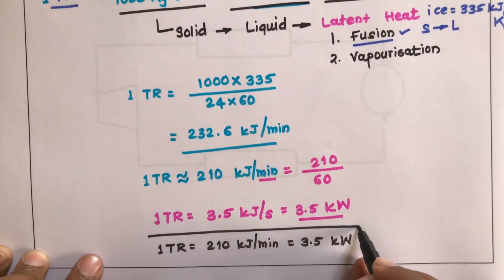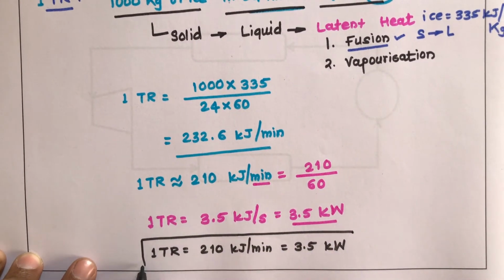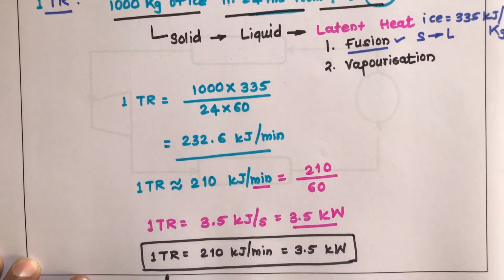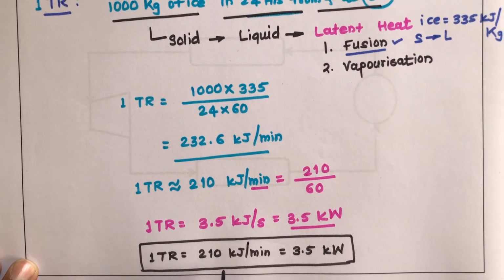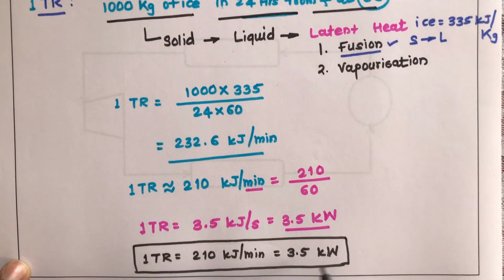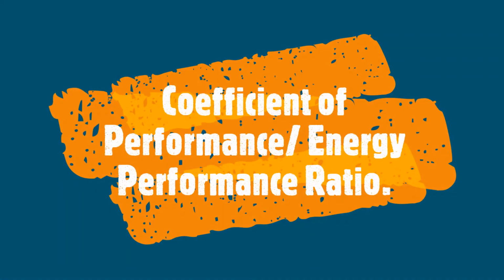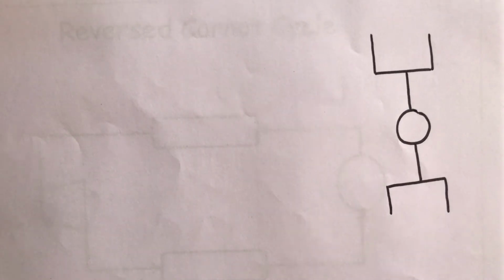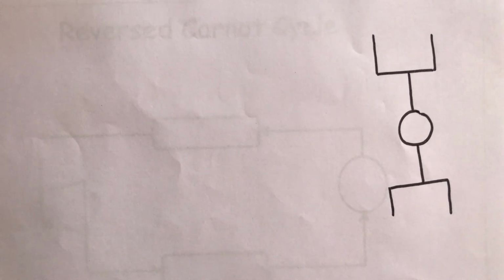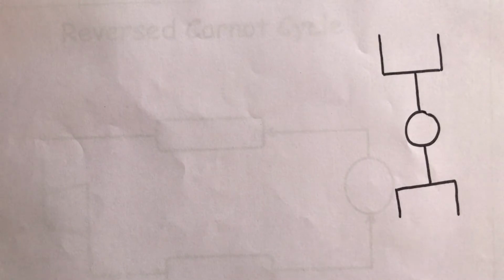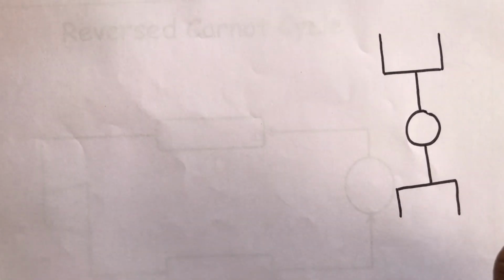This is nothing but the definition of the unit of refrigeration, that is, 1 ton of refrigeration is equal to 210 kilojoule per minute, that is equal to 3.5 kilowatt. Up till now we have studied the definition of refrigeration, then heat, sensible heat, latent heat, then latent heat of fusion, latent heat of vaporization.